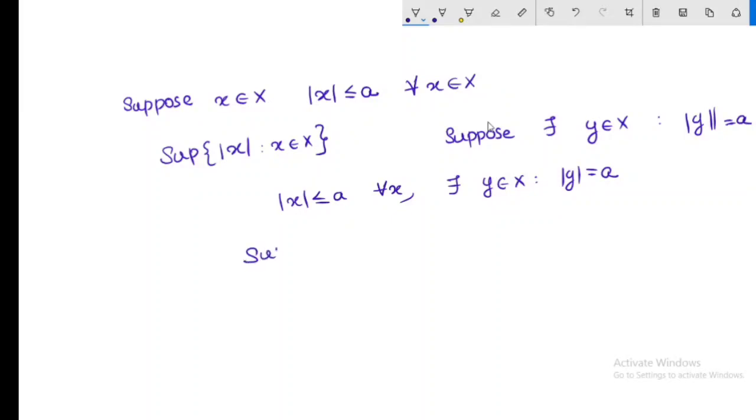Therefore, what about the value of the supremum of mod x such that x belongs to X? For every x, mod x is less than or equal to a, and for this y, the value is equal to a. Therefore, the supremum of this is equal to a. We are using this result in our proof.